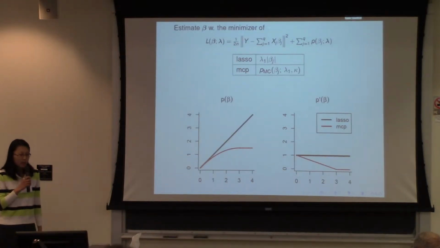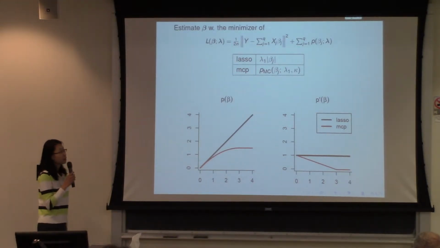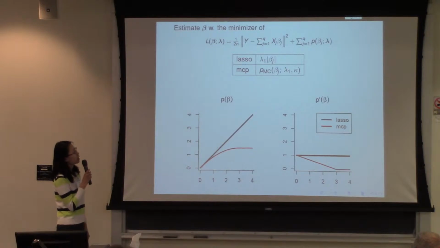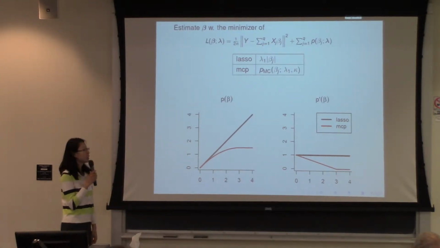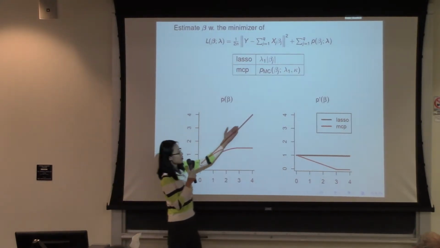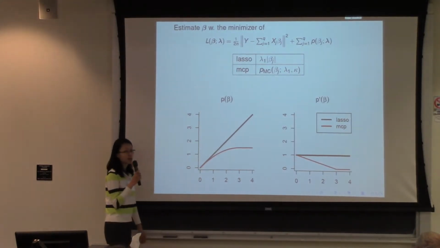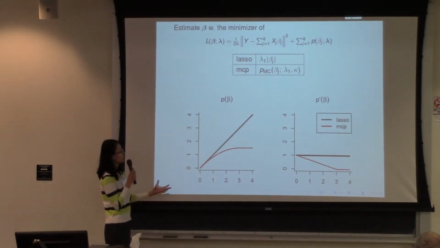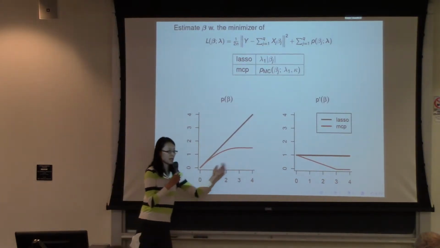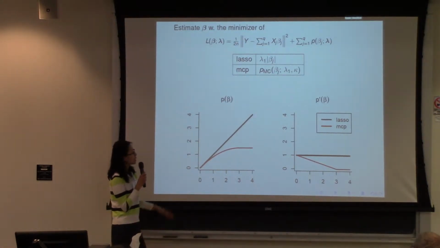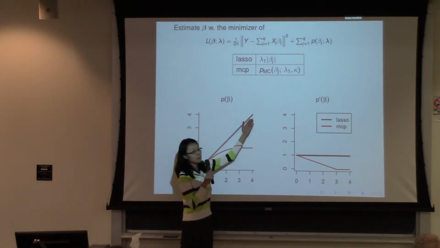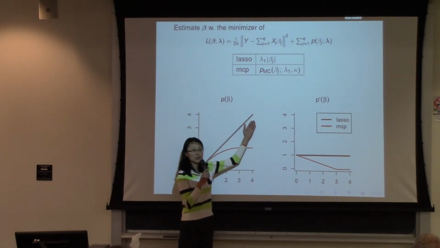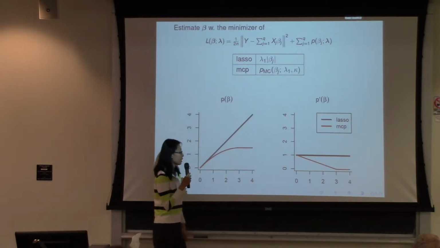All right, so Lasso is just one penalty function people like to use. There is some problem associated with it. Basically here, this solid black line represents lambda 1 times beta on the positive side. And you can see as beta increases, it gives bigger and bigger penalty to that coefficient beta.